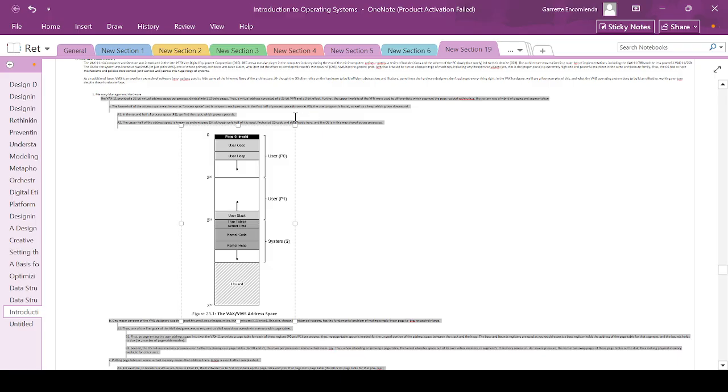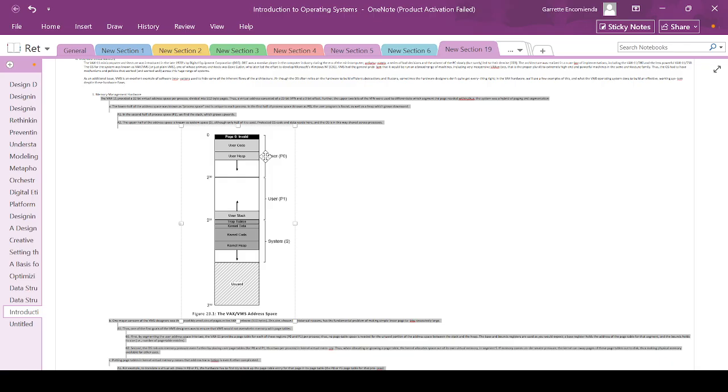Again, these are the unique virtual addresses for that process.